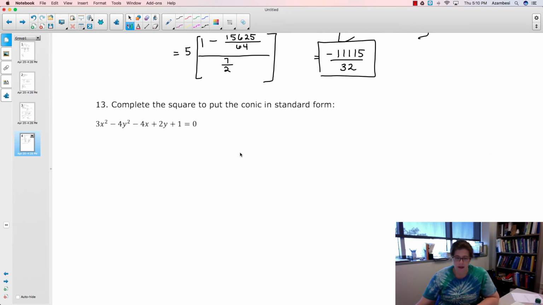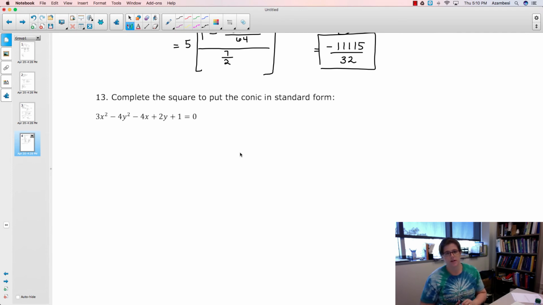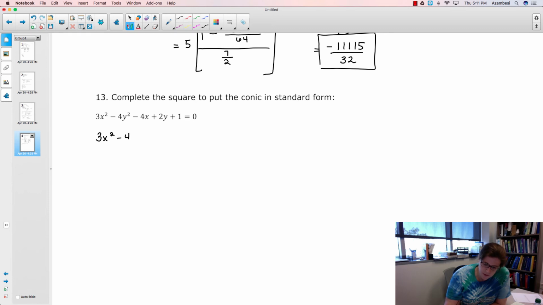Alright, completing the square to put the conic section in standard form. So you did this in lab, and I want to group my x variables and my y variables first. So 3x squared minus 4x, and I have minus 4y squared plus 2y, and I'm going to bring this over, is equal to negative 1. Alright, I'm going to pull the coefficients out to the front.